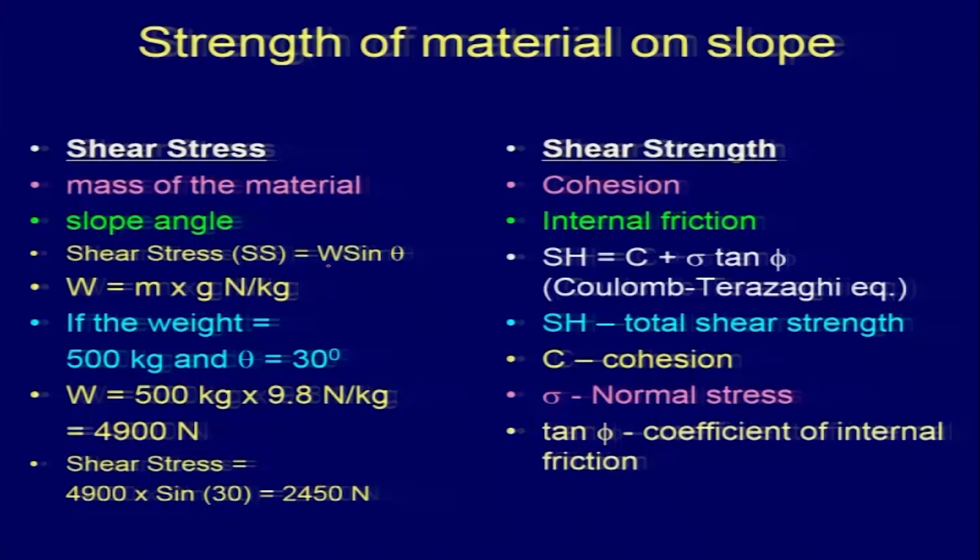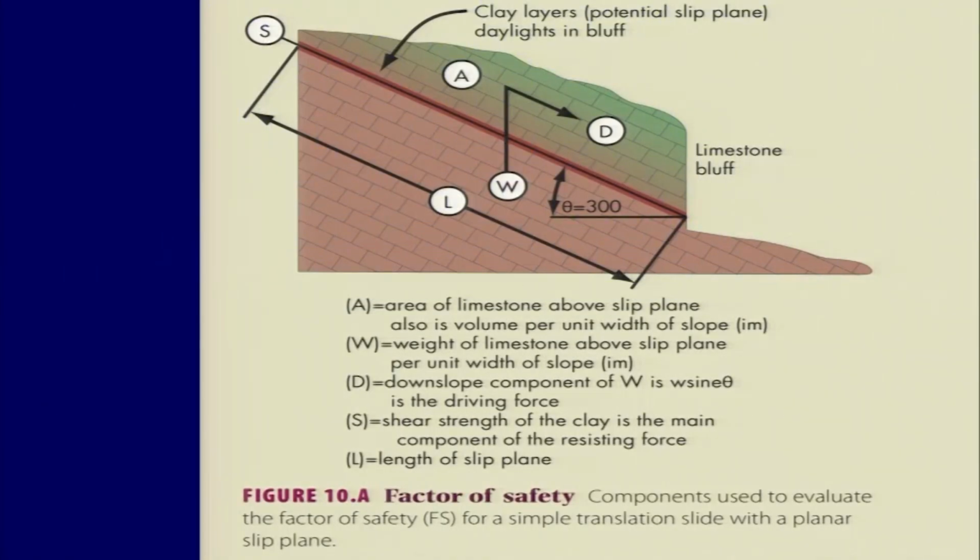We also consider the weight, as well as the property of the material which is sitting on the slope. So we take the cohesion, we take the internal angle of friction and the normal stress along with that.